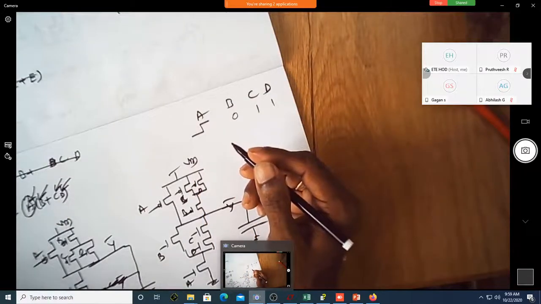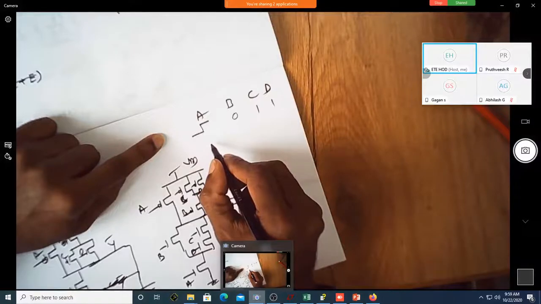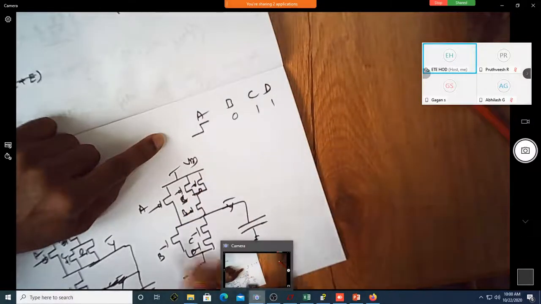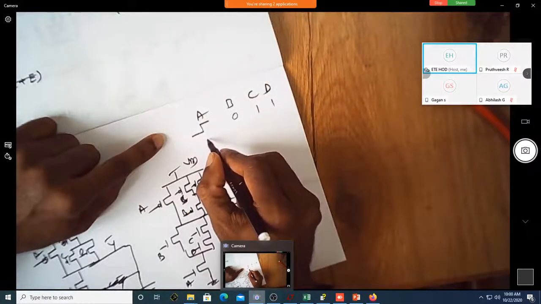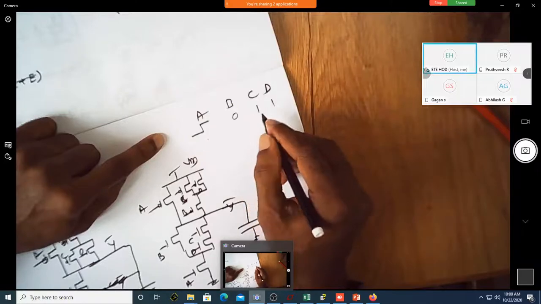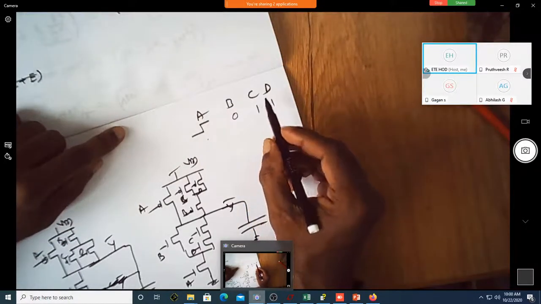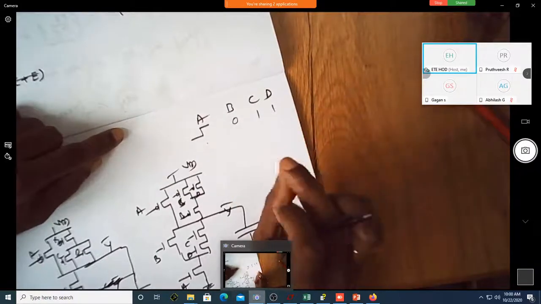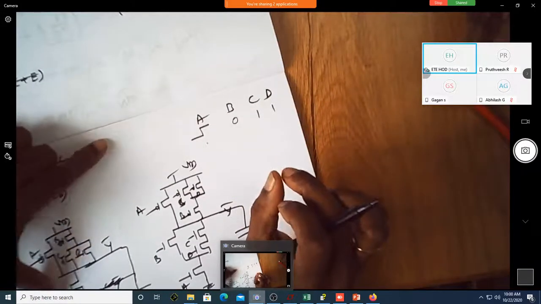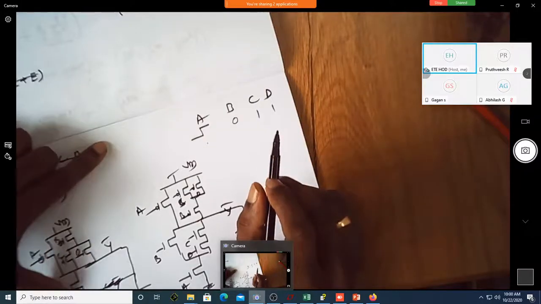Okay, something like this here now. I'm just trying to get the combination so that you can know the significance of this A being placed here.